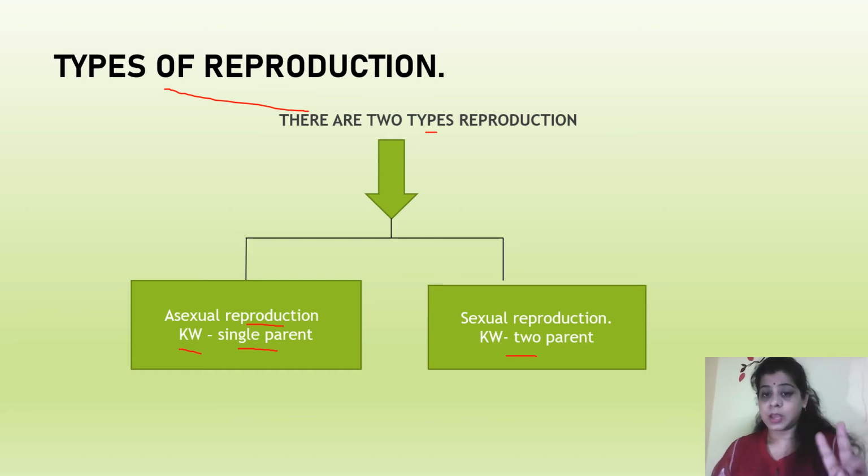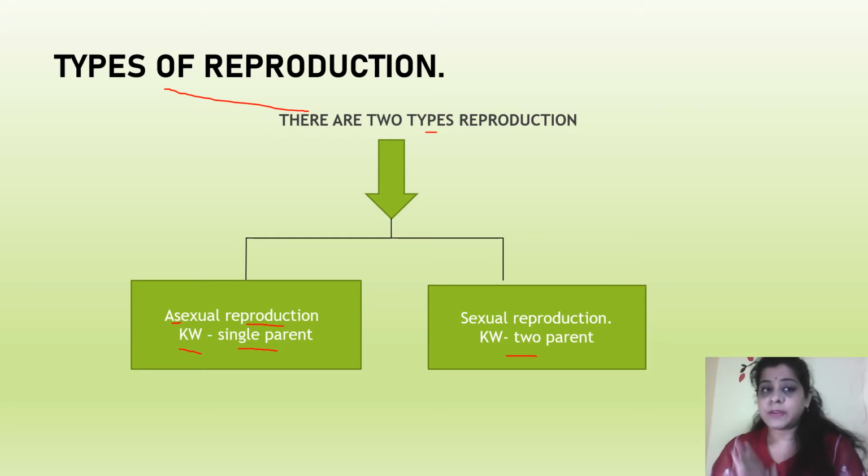Now look here: 'a' in asexual is used like an article, put before a singular thing. So when a single parent is required, that is asexual reproduction. And when two parents are required, meaning female gamete and male gamete both, then it comes to sexual reproduction.